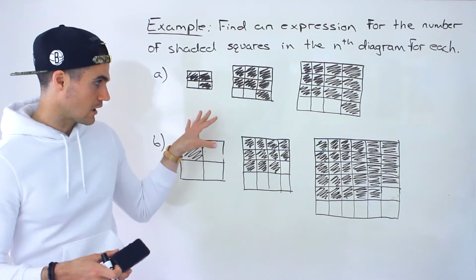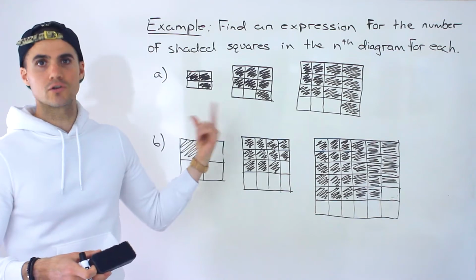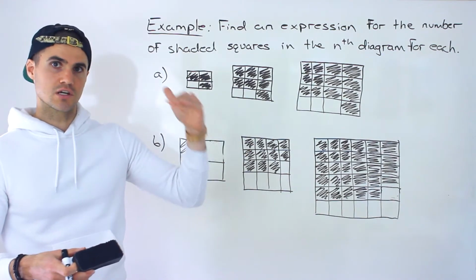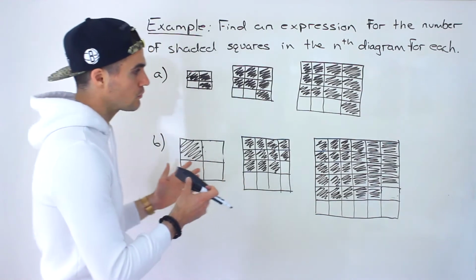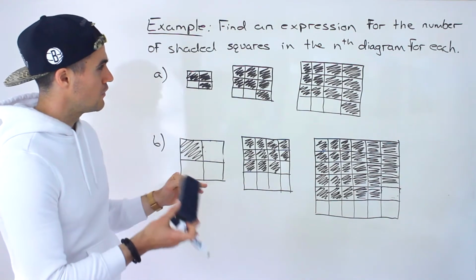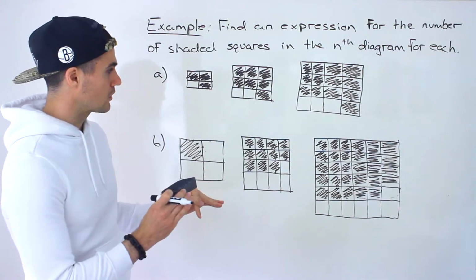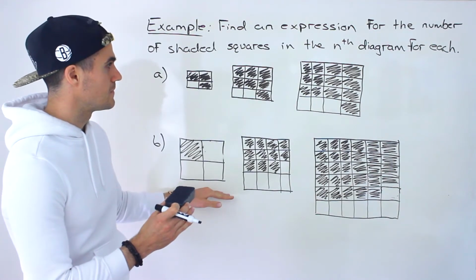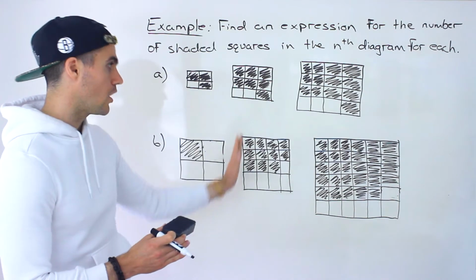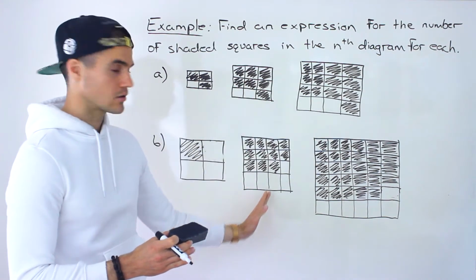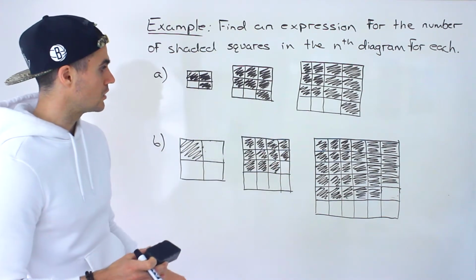So again, I'm assuming that you've watched the previous video. It's just going to be right above this one on the website, because I'm going to go through the exact same process. This one's going to be a little bit more complex, especially B, but it's still going to be the same process where we create that total column, the unshaded column, and then the shaded column.